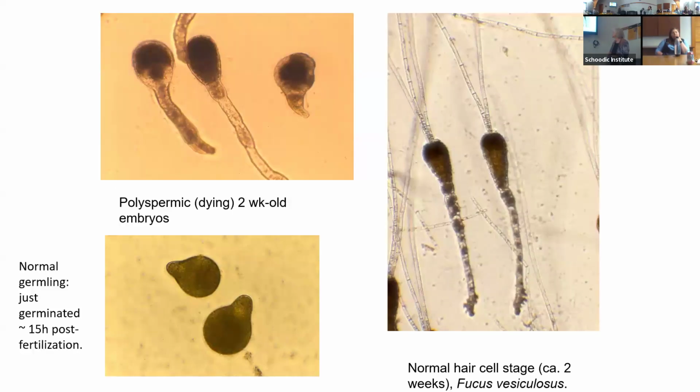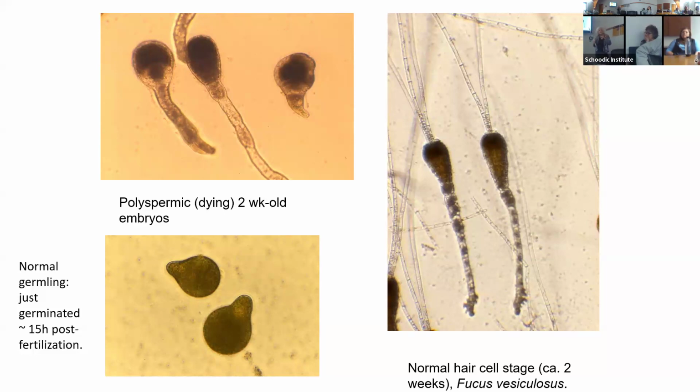Okay, so at 2 weeks of age, after having germinated about 15 hours after fertilization, here's the rhizoid, which then grows out. You have something called hair cell stage. The hairs will fall off, but a lot of polysaccharides are being secreted in the rhizoid, because of course otherwise these things are going to be washed away by waves.